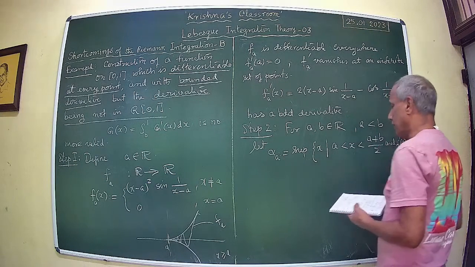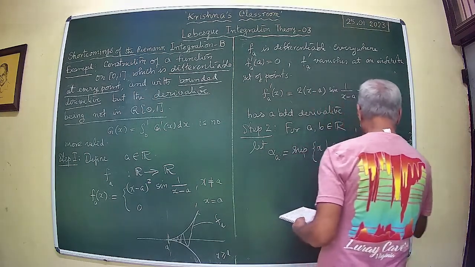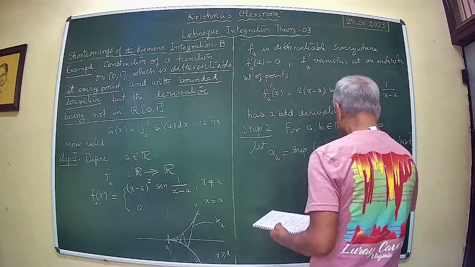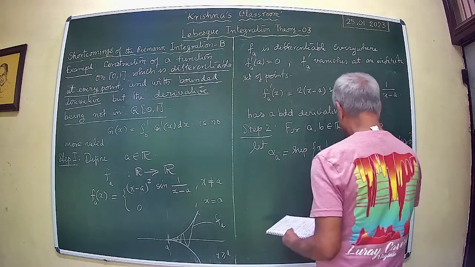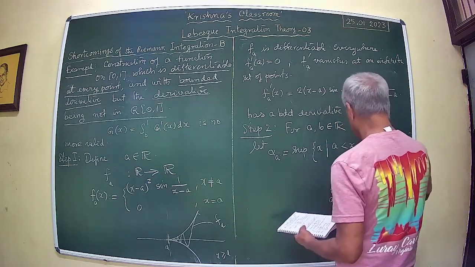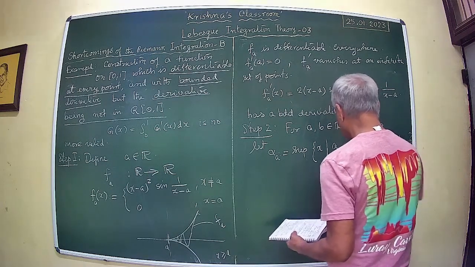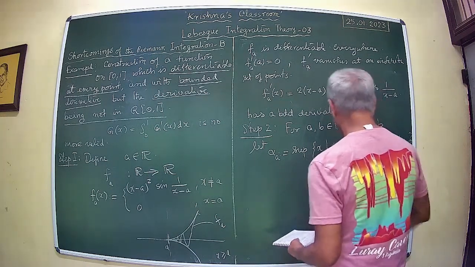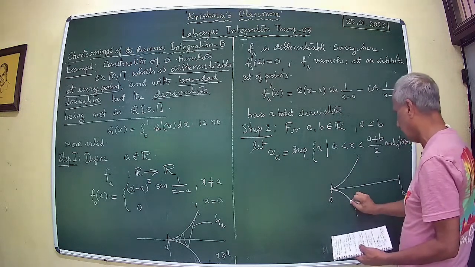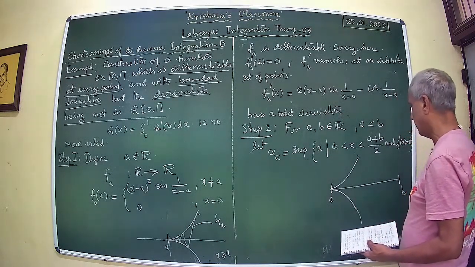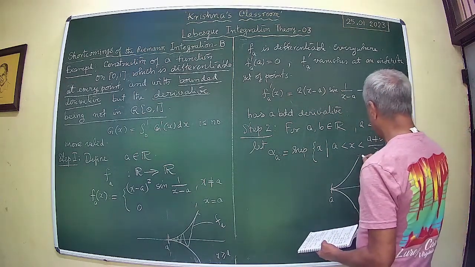Now what happens here? See, you have the interval ab and you are taking a function like this, bounded between (x minus a) whole square and minus (x minus a) whole square, something like this.